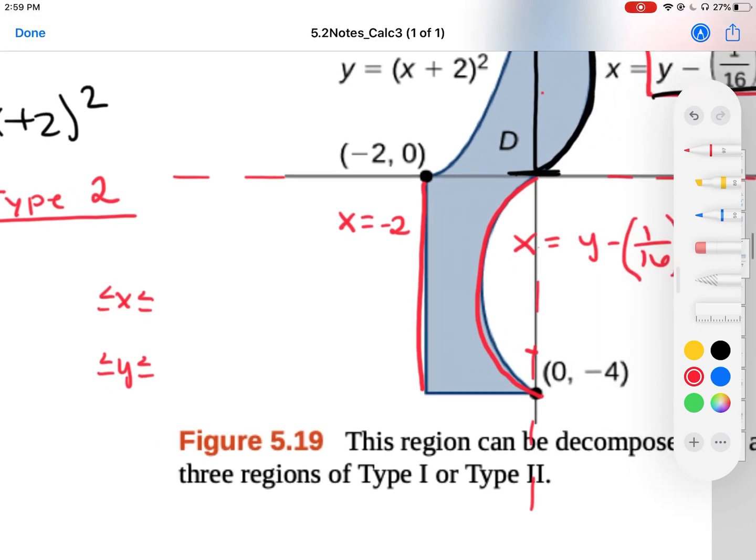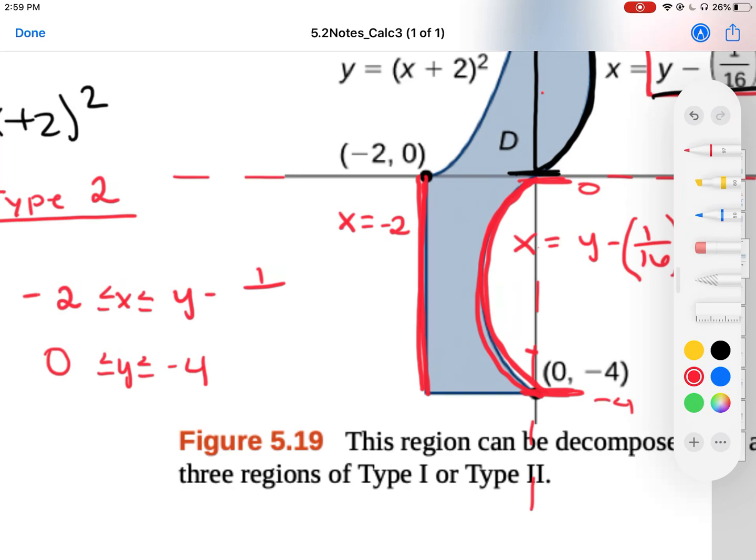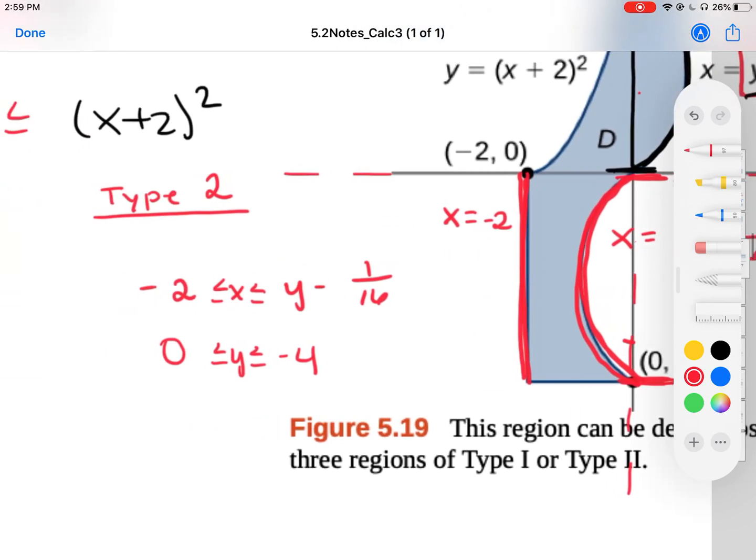All right, so for my y values, it's going to be from negative 4 to 0. And the functions I have: this function here that I have in terms of y. We read from left to right, so this one would be first. We have negative 2, and then y minus 1 over 16 y cubed.